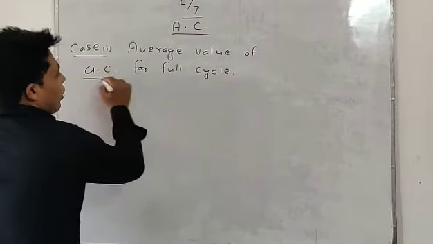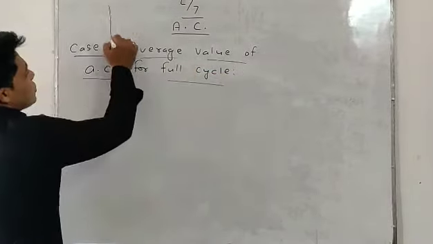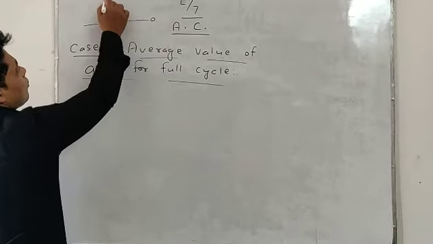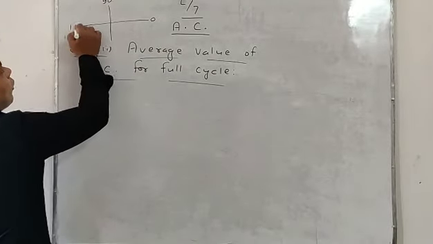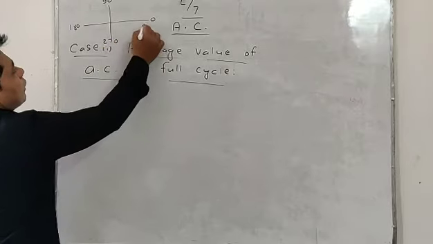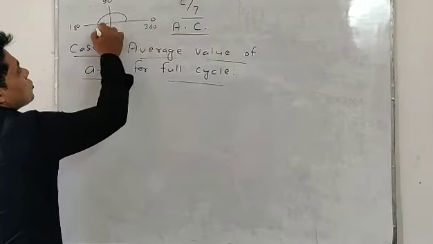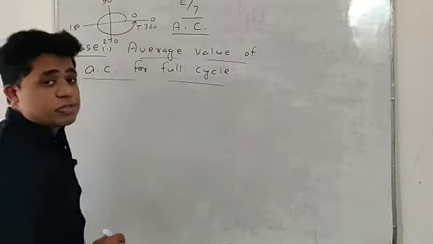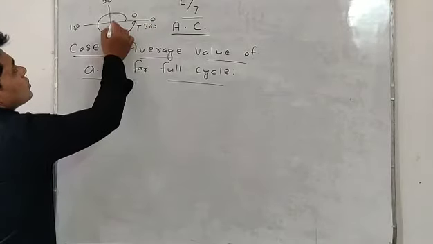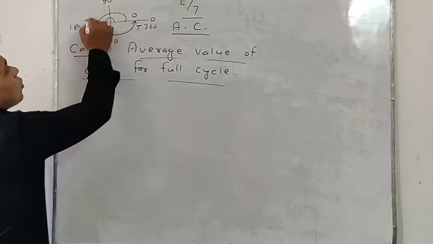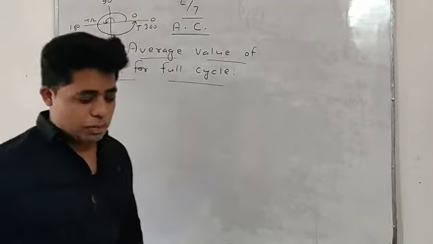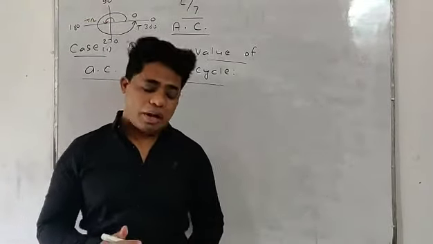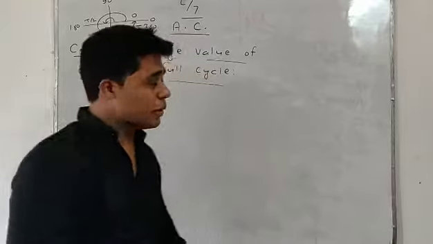What is the meaning of full cycle? Full cycle means, look at students, 0, 90, 180, 270 and again 360. 0 to 360, or 0 to T, is said to be a full cycle, and 0 to 180, or 0 to T by 2, is said to be a half cycle. So in the first case we are going to find the average value of alternating current for a full cycle.